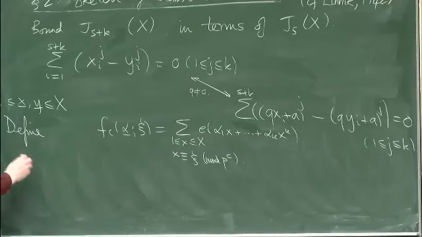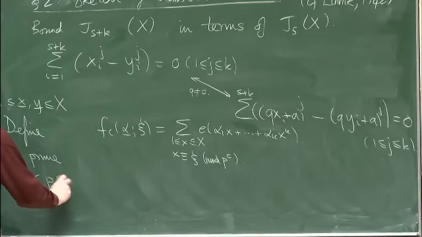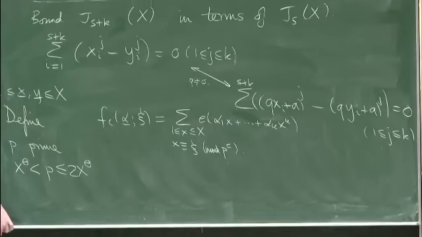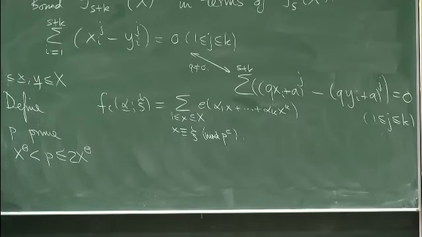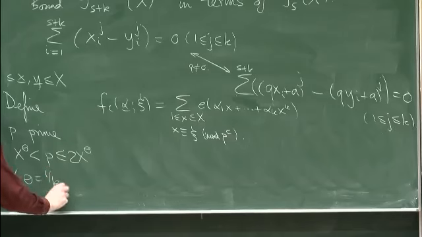And you should think here of p as being a prime, which I'm going to choose carefully. So think of p as being a prime between x to the theta and 2 times x to the theta, and we have to choose theta as before the end of the argument. So you should think, at least initially, of theta as being something like 1 over k. That's the classical choice.